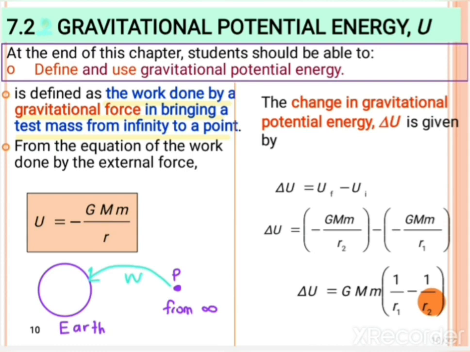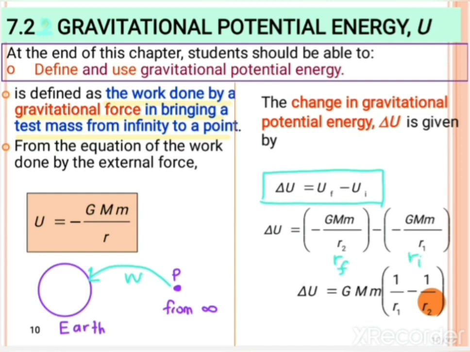Alright, so the change in gravitational potential energy, delta U, equal to U final minus U initial, or mathematically, U final equal to negative GMm over R2, where R2 is the final position, minus negative GMm over R1, where R1 is the initial position.